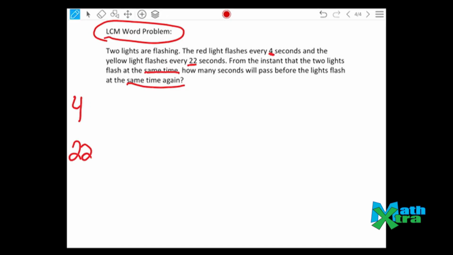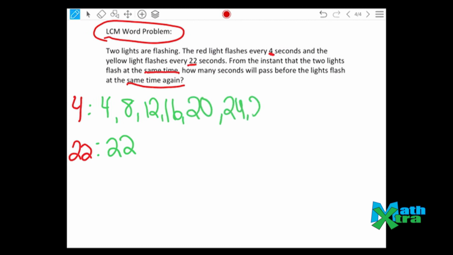We have the number 4 and the number 22. The first time that the lights flash will be at 4 seconds and 22 seconds, okay? 4 times 1 is 4, and then we have 4 times 2 is 8, times 3 is 12, times 4 is 16, times 5 is 20, times 6 is 24, times 7 is 28, times 8 is 32, times 9 is 36, times 10 is 40, and times 11 is 44.